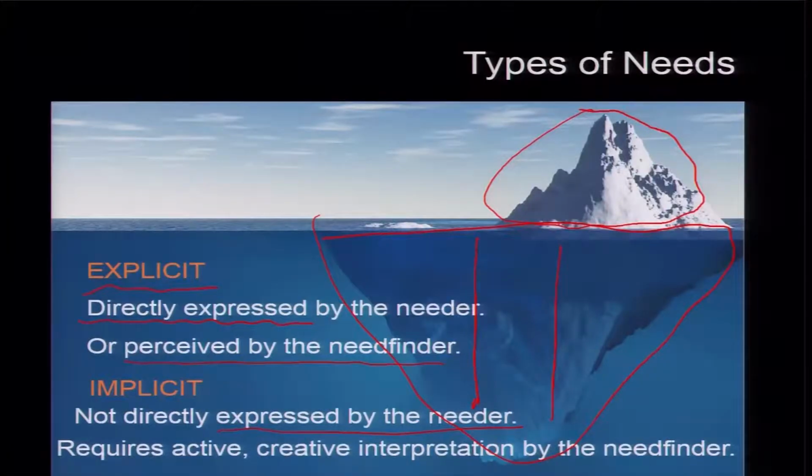Based on your intuition, try to actively or creatively interpret whatever the need finder has elaborated in his interview, so that you could involve that in the persona story, so that a general need can come up. That is how you will try to decipher the underlying psyche of an individual based on which there may be a need.